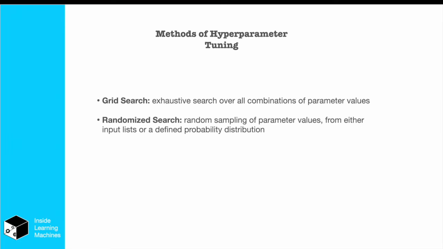And then the randomized search will just select random samples from that distribution. Now, the strength of randomized search is that it can run quite a bit faster than grid search. So that's the main advantage for using that approach.